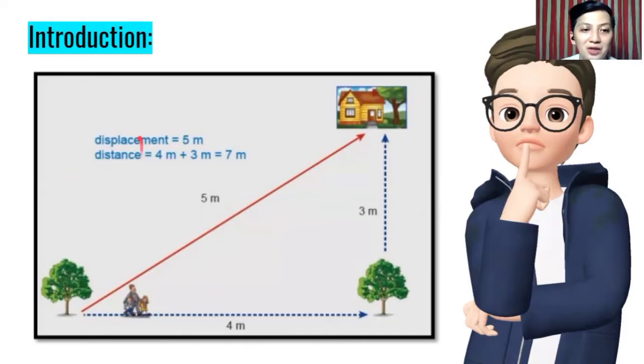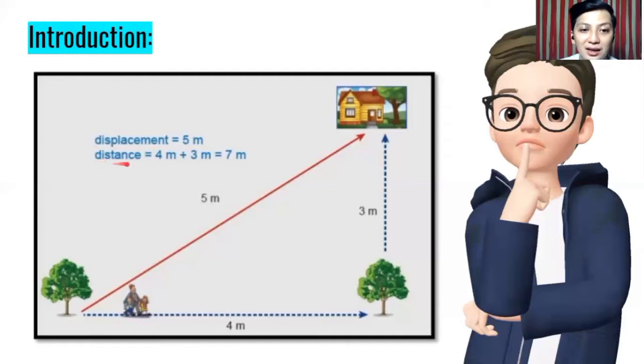So, kung kukunin nyo yun, that is 5 meters northeast. Okay, yun yung displacement. Yung total path traveled, that is 7 meters. Okay, ito yung distansya. Distance, yung total path traveled, yung buong nilakad nyo. Yung displacement, ito yung short distance o yung tinatawag natin shortcut. Okay, kaya kung mapapansin nyo, displacement is lower than distance.